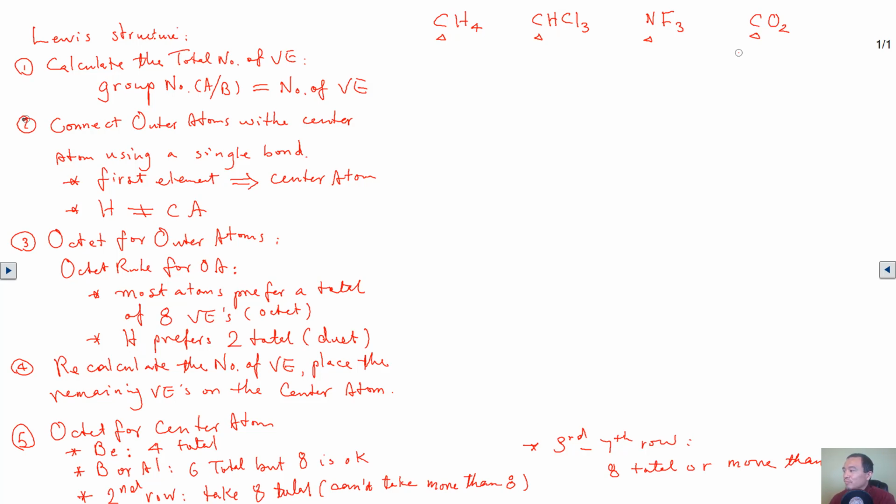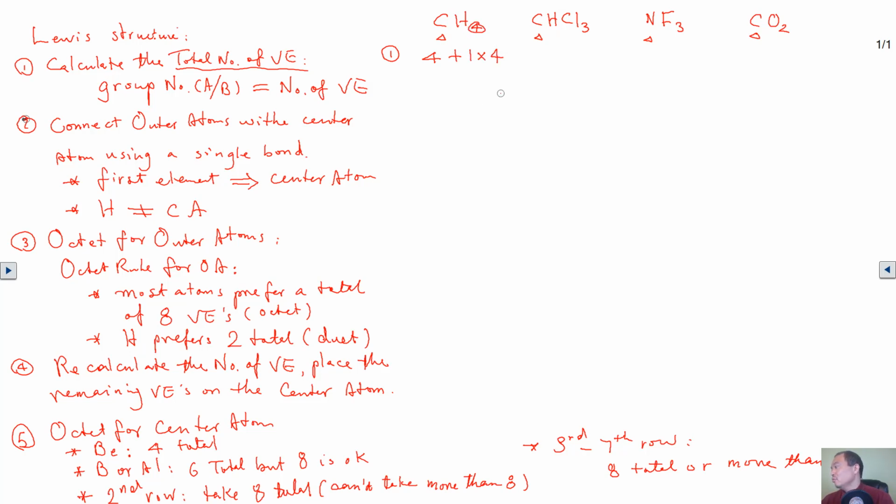For example, when we look at methane, CH4, the first step, how many total valence electrons do you have? Because carbon, check your periodic table for this, okay? Carbon has 4 valence electrons, okay? Each hydrogen has 1 because it sits in group 1A, and we have 4 of them.